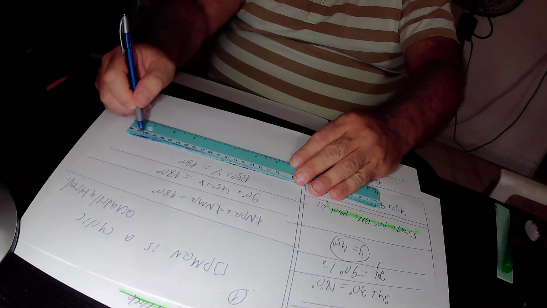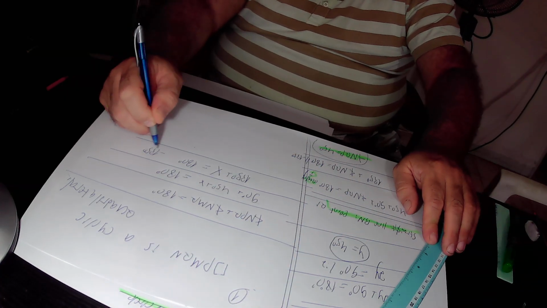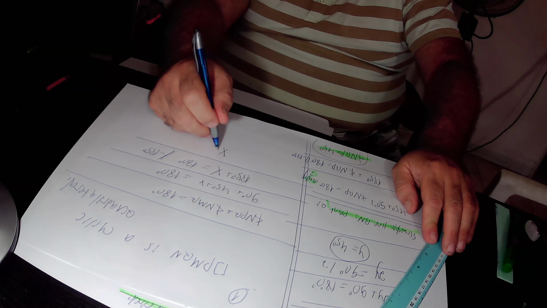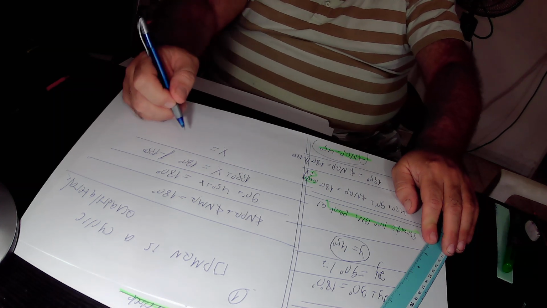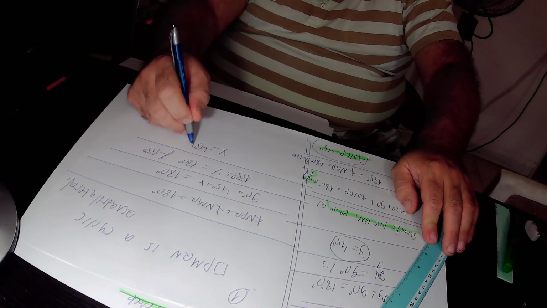Here we subtract 135 degrees from the equation, and we get that the missing angle x, that is the angle that we are looking for in this question, is equal to 180 degrees minus 135 degrees, that is 45 degrees.